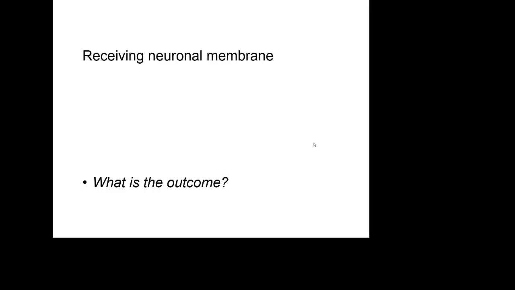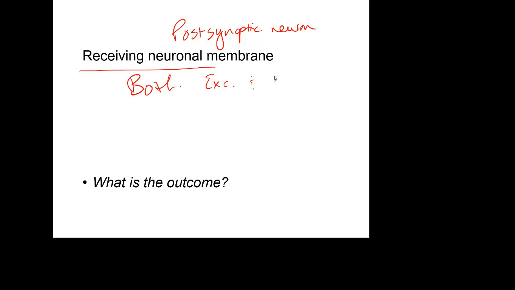Now, the problem is the receiving neuron that we mentioned, the postsynaptic neuron that we mentioned, after the gap, right? It can get both excitatory and inhibitory signals.